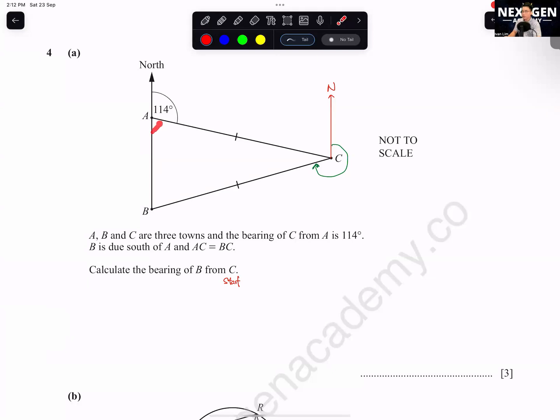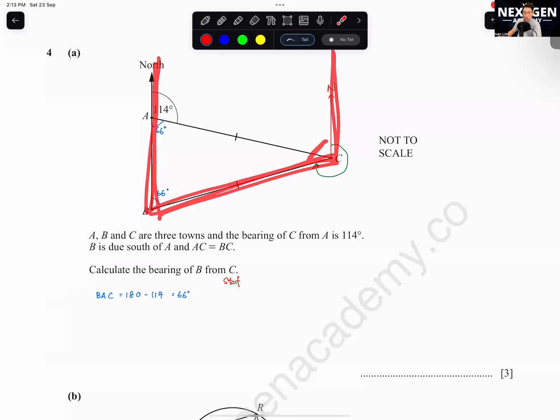I can find angle BAC first, and you see here, this is an isosceles triangle. So angle BAC equals 180 minus 114, which equals 66 degrees. So we can write here 66 degrees, and we also can write here 66 degrees. Actually, I can straight away find this angle already. You look overall like that. This is a co-interior angle. You all remember what a co-interior angle is?